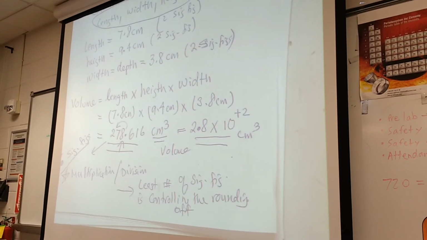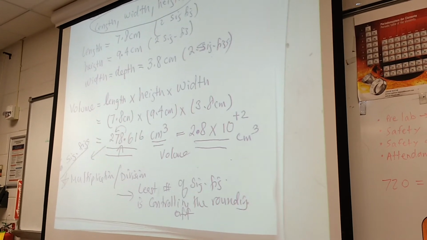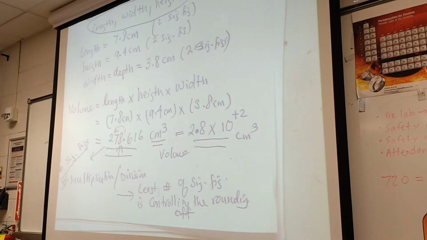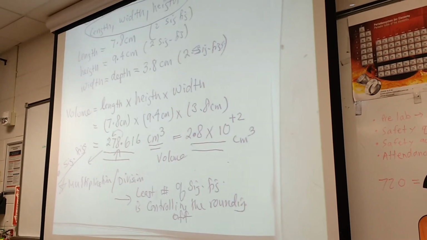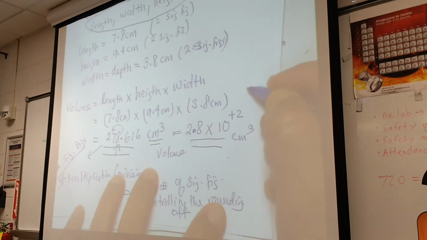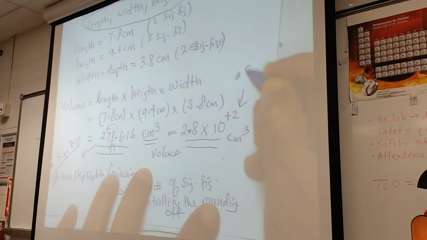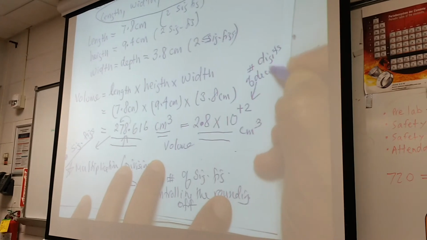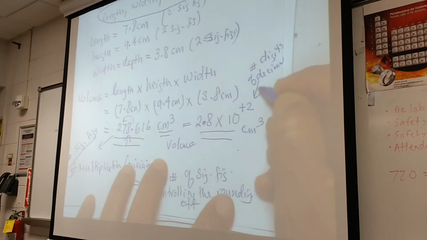Because I move the decimal to the left, the exponent has to be positive. How many digits do I move the decimal? 2 digits. Then the 2 is the number of digits the decimal moved.